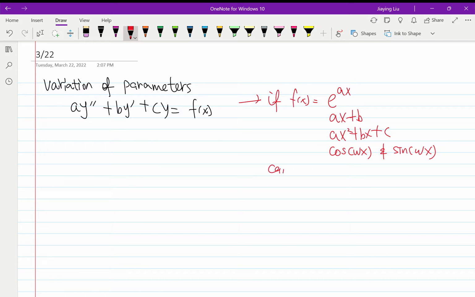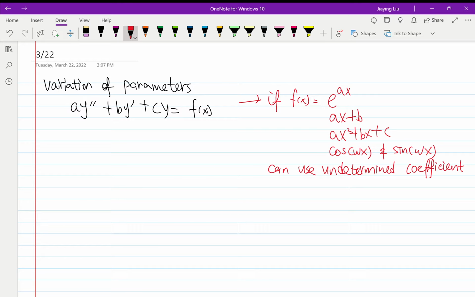So we can use undetermined coefficients, or even a sum of those functions or product of those functions. But sometimes you have an f of x that's not so simple.